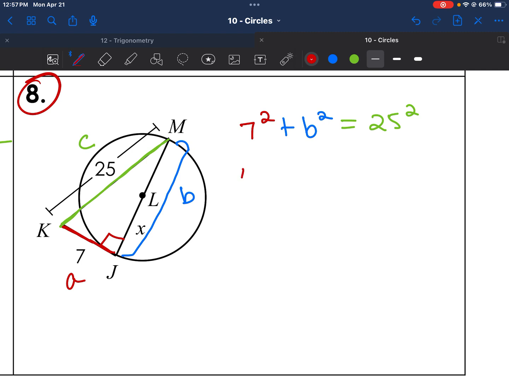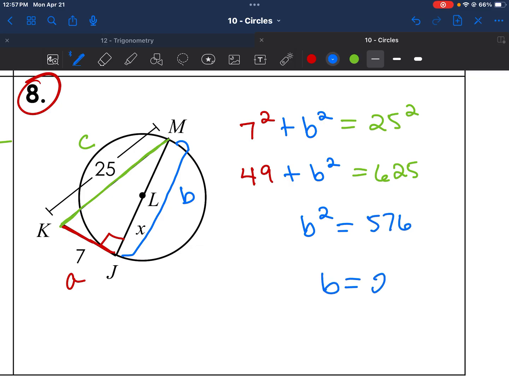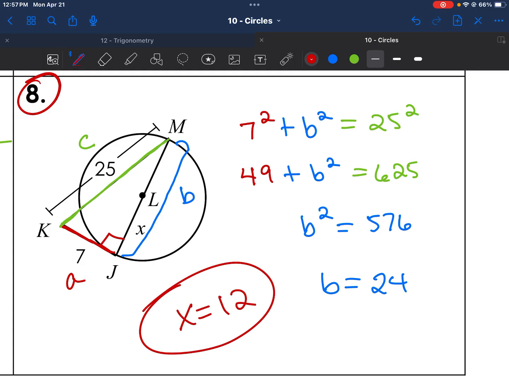So we get 49 plus B squared equals 625. Gonna move my 49 over. B squared is 576. Square root it. B should be 24. And so B, the whole side length, was 24. It's the diameter. X is the radius, so it's half of that. So final answer here, X should be 12.